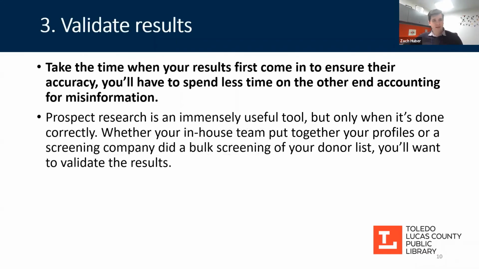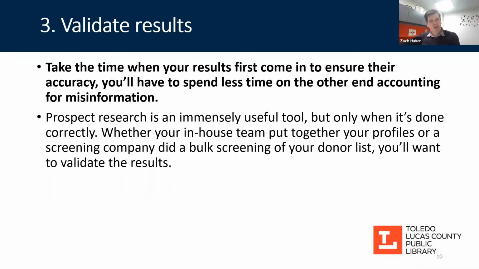So step three is validating your results. Once you have done some of this research, you're going to want to validate it. You need to ensure that you're accurate and everything you've looked for makes logical sense, because sometimes you can have a donor that has a common name and you might have pulled research for the wrong person. We'll see in a couple spots when we look at where we're going to pull our data from.